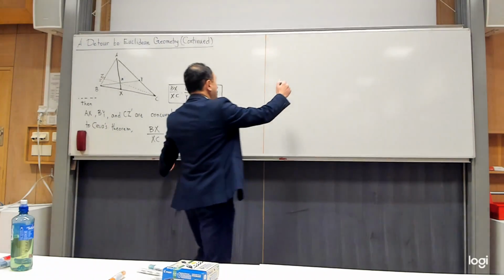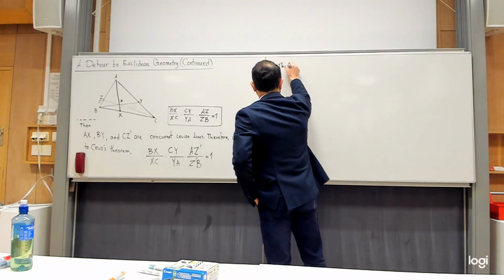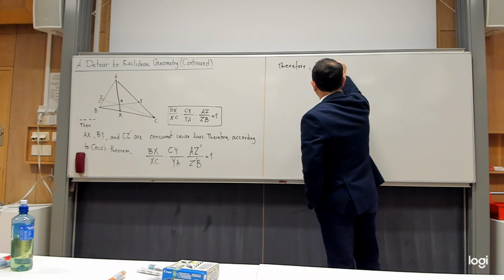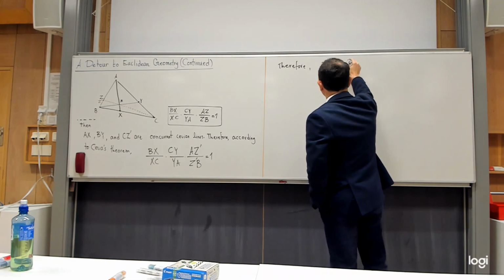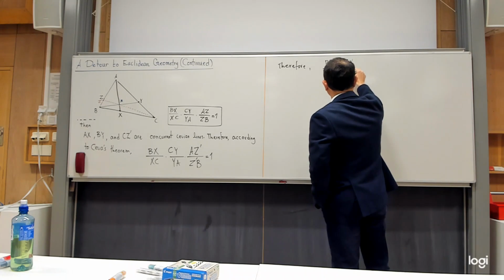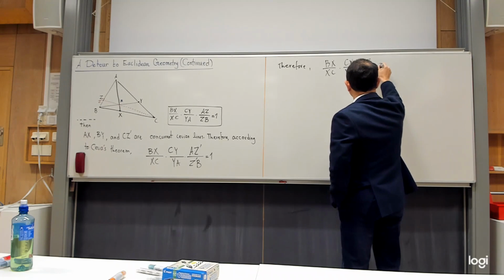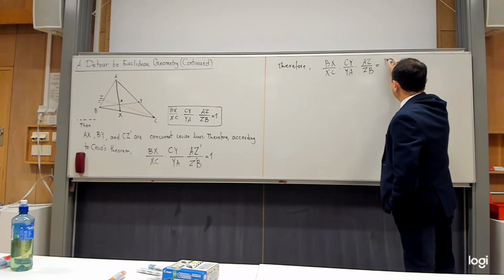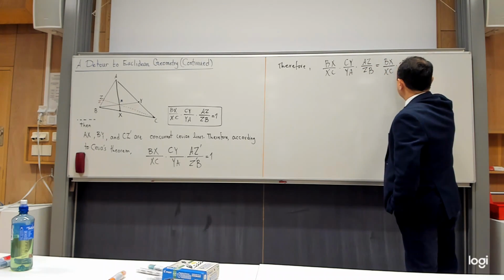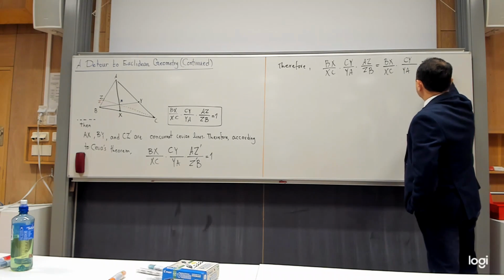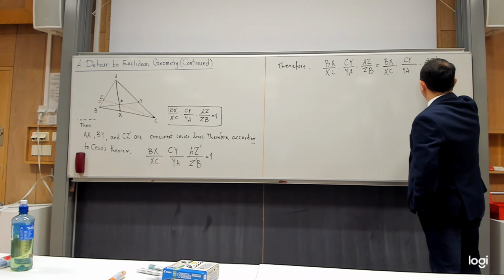So then it means that, therefore, BX over XC dot CY over YA dot AZ over ZB is equal to BX over XC dot CY over YA dot AZ prime over Z prime B.